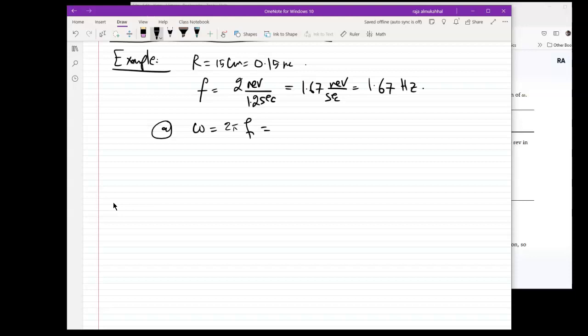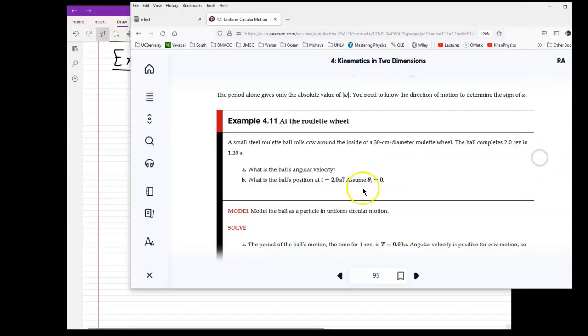So all you need to do is 2 pi times 1.67, times 6.28, and the answer is roughly 10.47 radians per second.